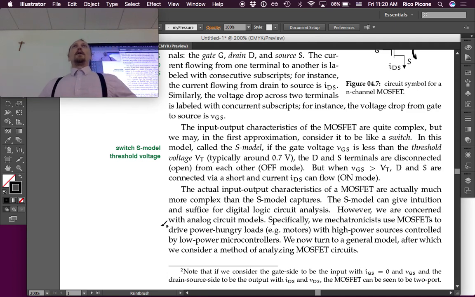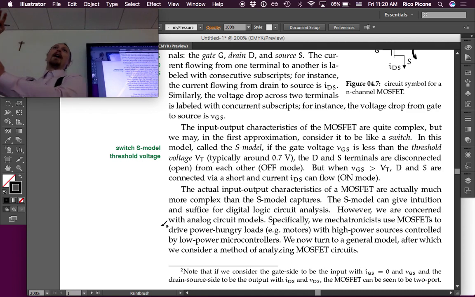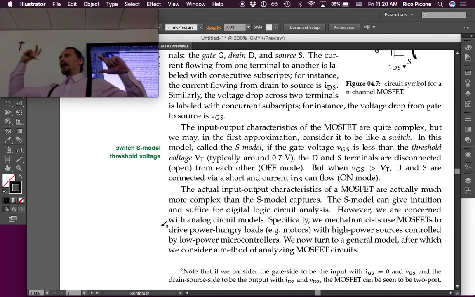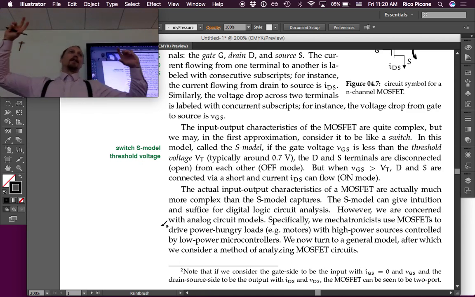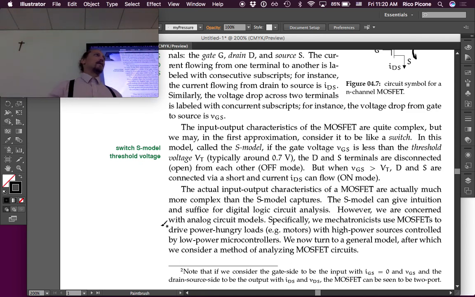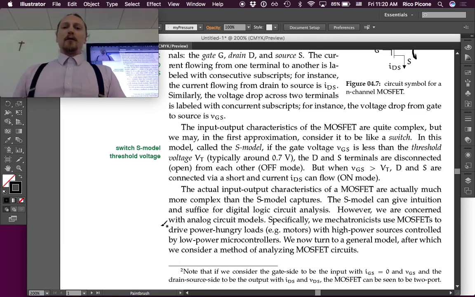So you use the power capacity of a straight-up DC power supply that's not variable, and the variability of your microcontroller voltage output, and use a MOSFET to control the big power supply with the microcontroller. That's the idea of what we're doing here.